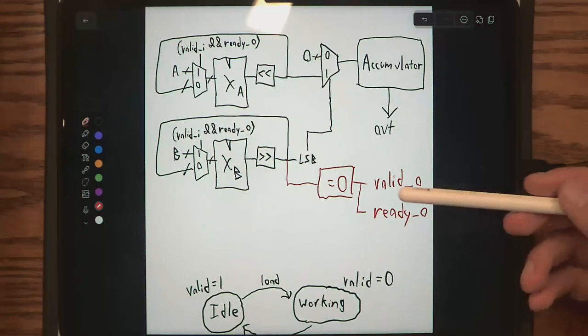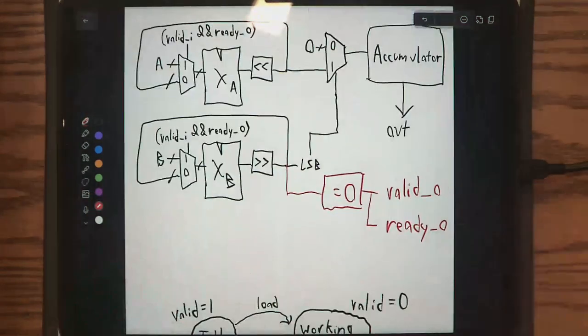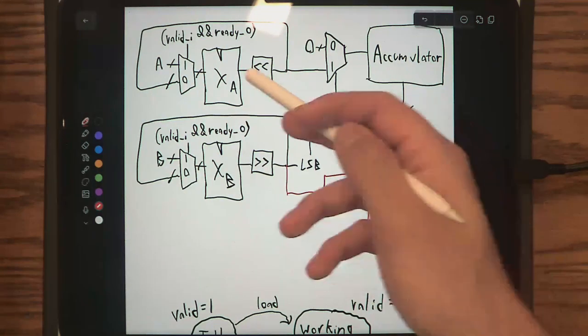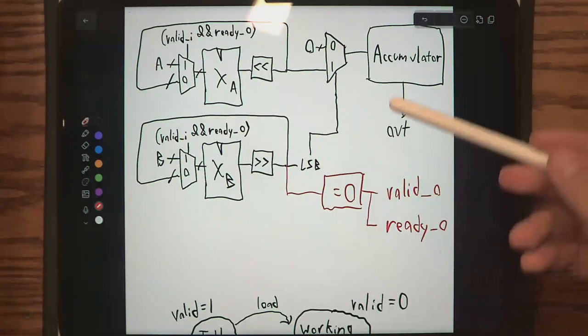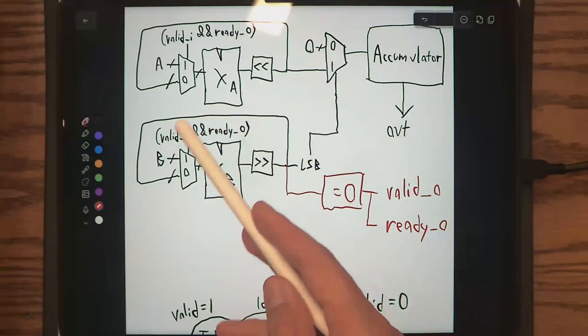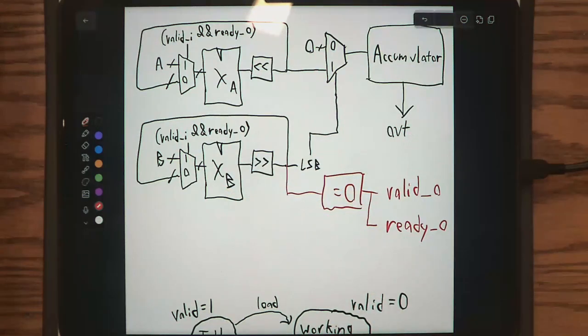Yeah, ready input. So the ready input will be paired with this valid out, and that determines whether the receiver of this data is actually ready to receive it. If the receiver is not able to receive the data, then this circuit must stall until it's actually able to send out that data. If something's not ready for you to send out data, then you need to wait until it's ready. And when it's ready, that's when data flow occurs.